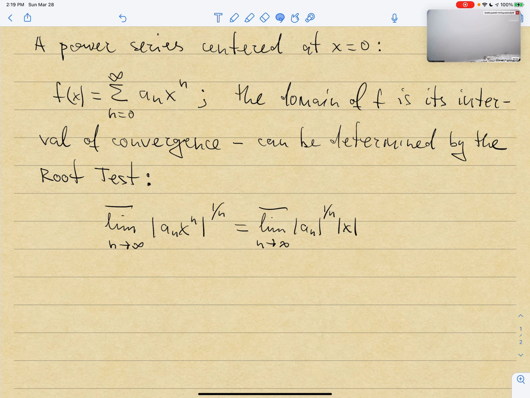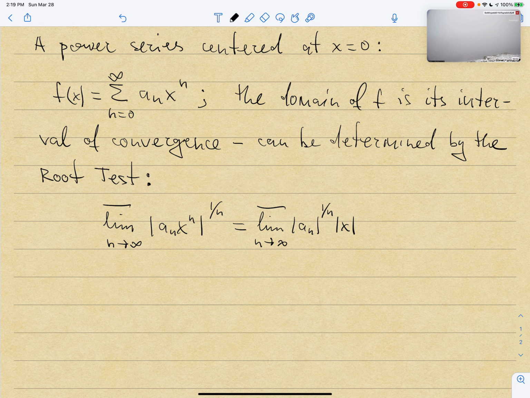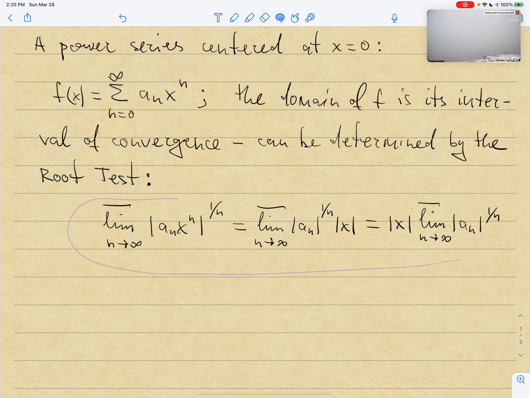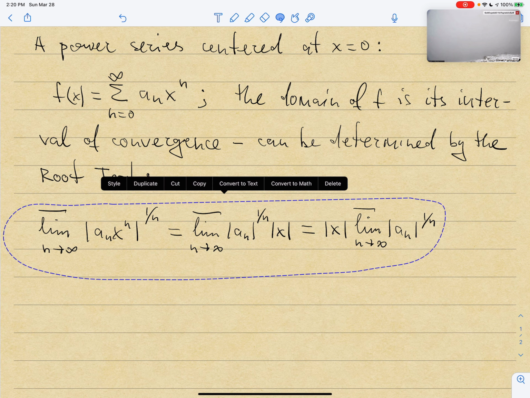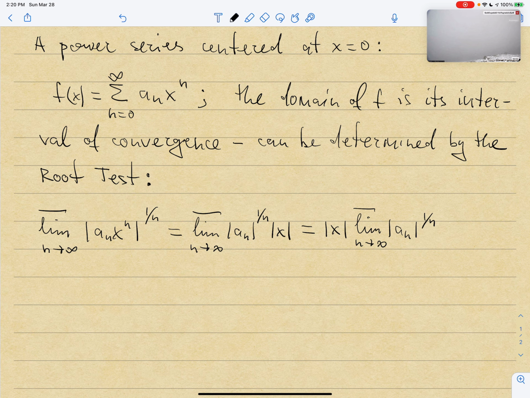And x, of course, is a fixed constant. Everything is positive here, so I can pull the absolute value of x outside of the limit sign to get the absolute value of x times the lim sup as n goes to infinity of the absolute value of a_n to the power 1 over n. And what I'm requesting for my series to converge is that I want the outcome to be less than 1.